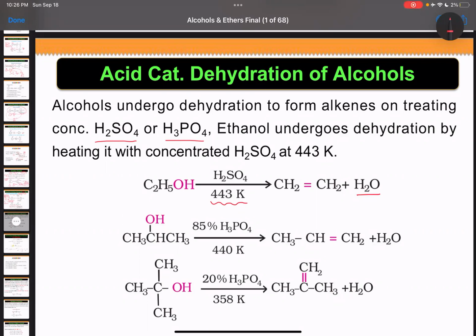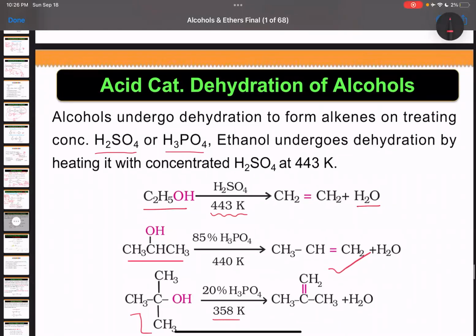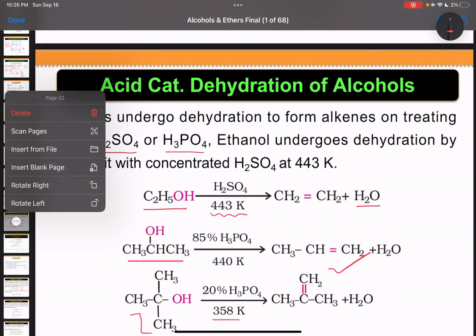Suppose you can see ethanol, isopropyl alcohol, and tertiary alcohol. Tertiary alcohol, just by a little bit of warming, can undergo an elimination reaction and it is going to give you an alkene, right? Yes. Though there are more details, the mechanism and all that we can cover in detail.